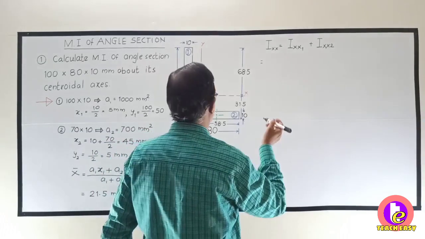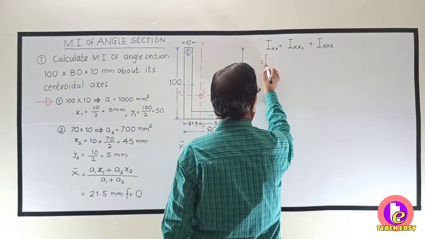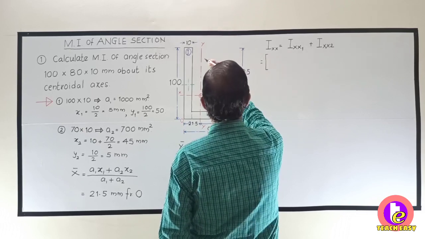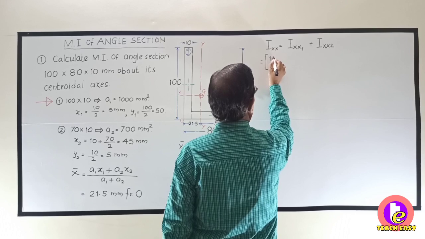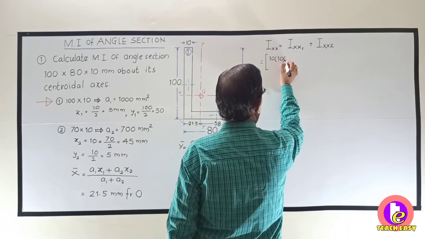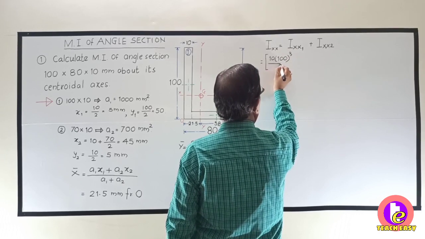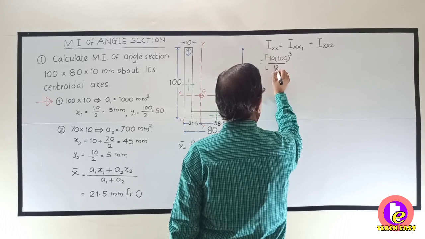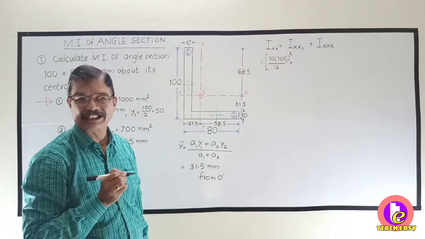Okay. So Ixx1. So tell me, bd cube by 12. What is b? 10. What is d? 100. Cube of that divided by 12. This is the self-centroidal axis term plus area into h square.